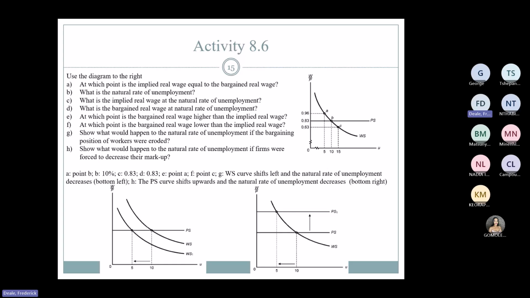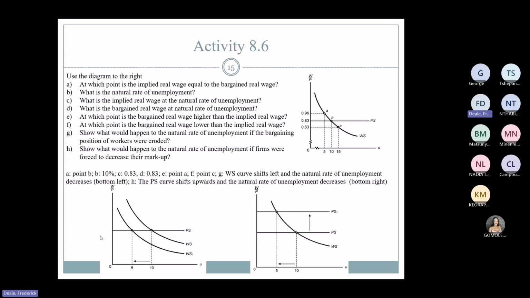So in the US you end up hiring somebody because if it doesn't work out, you can fire them again easily. In South Africa, you end up not hiring a person because you're worried that you're stuck paying this person's salary for the next 5 years because you can't get rid of them, even if your business idea didn't work. So if the bargaining position eroded, the natural rate of unemployment actually decreases, right?